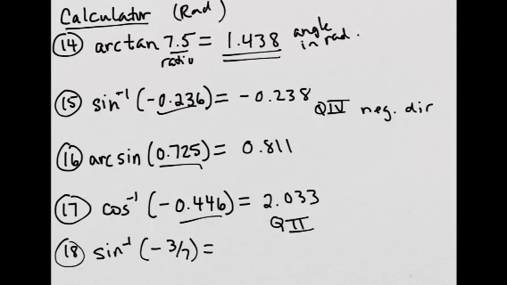Don't forget your parentheses, because if you don't, it's going to tell you that it's an error and you're going to think that it doesn't exist. So you need parentheses. That would be inverse sine, left parenthesis, negative 3 divided by 7, close parenthesis, and that is negative 0.443.